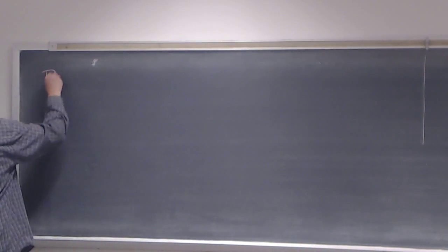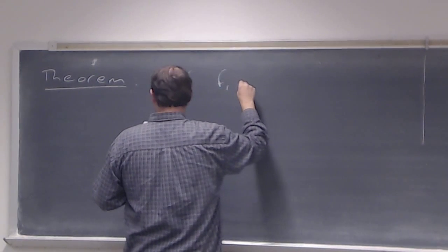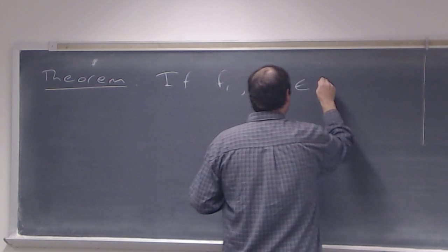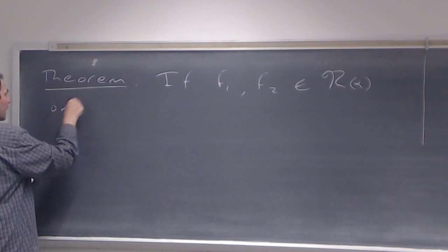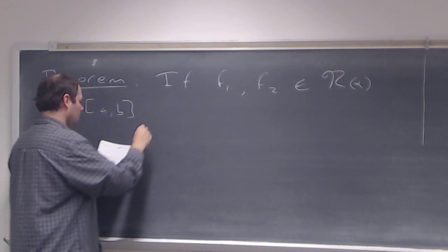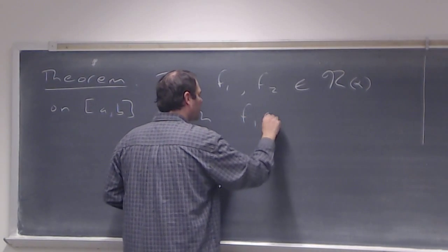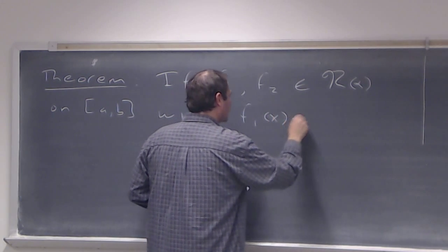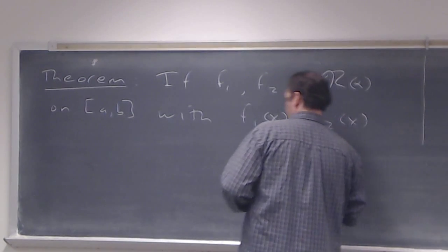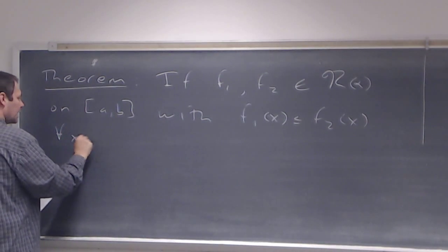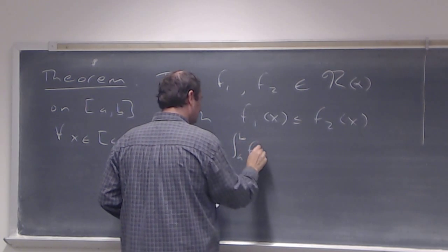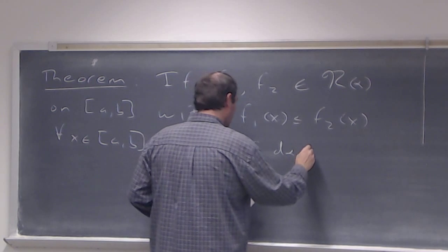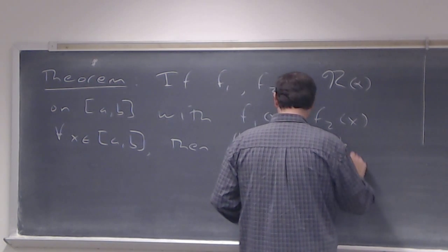So here's the first theorem. If f sub 1 and f sub 2 are elements of the Riemann-Stieltjes integrable functions with respect to alpha on [a,b], with f sub 1 of x less than or equal to f sub 2 of x for all x in [a,b], then the integral from a to b of f sub 1 d alpha will be less than or equal to the integral from a to b of f sub 2 d alpha.